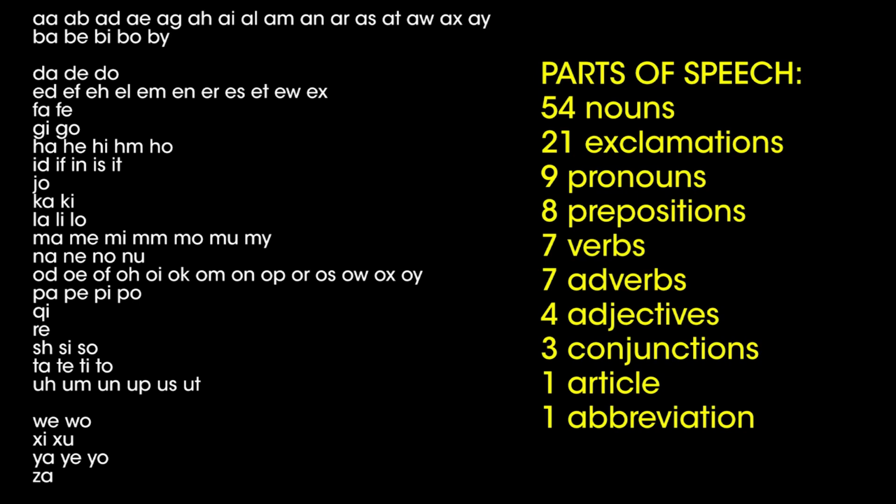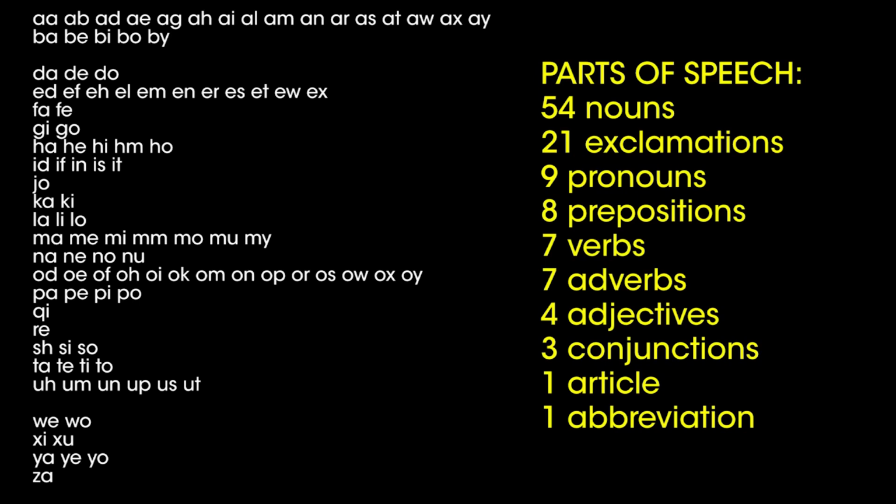Also, there's a couple of them that don't have any vowels. There's MM, SH, and HM. I think those are the three without any vowels. There might be another one. I don't know. There's also two of them that are just two of the same letter, AA and MM. So that's interesting. I think that's all of them.